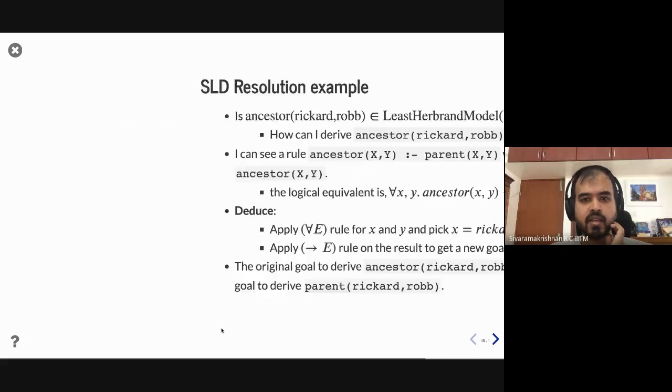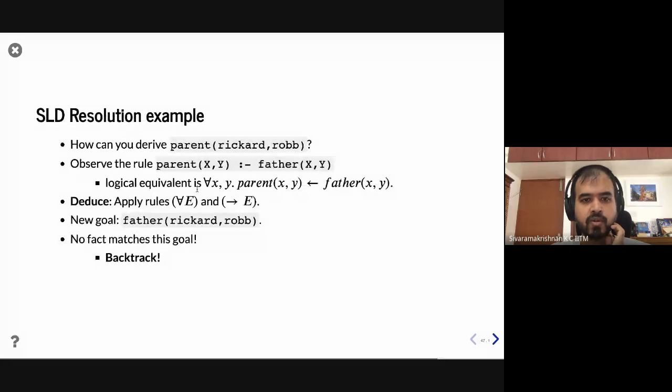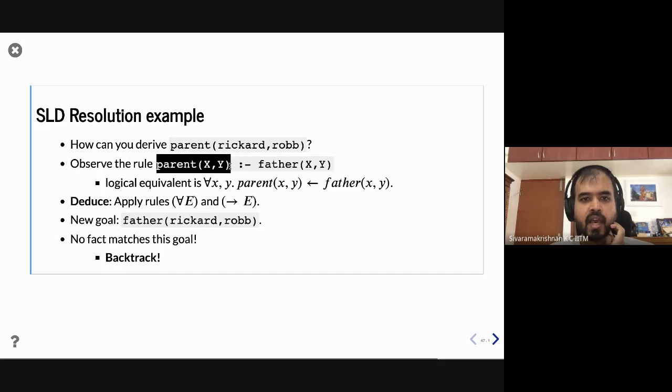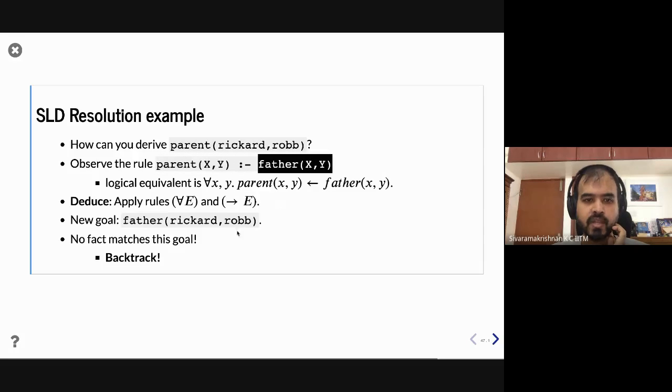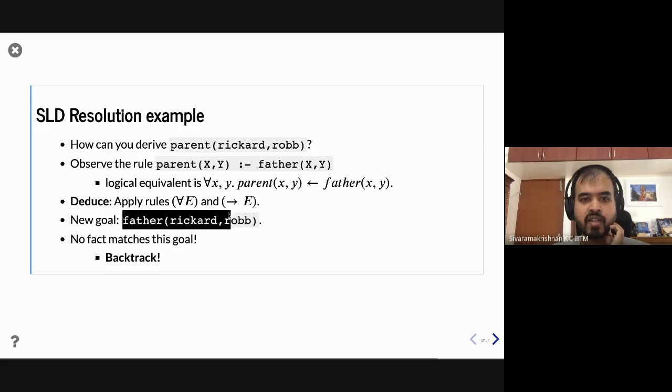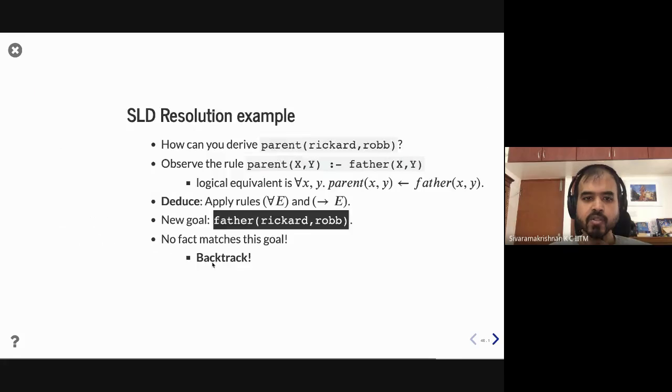So it's going to go down the route, apply the rules. Parent Rickard Rob unifies with this parent xy, and then the goal now becomes father xy, which specialized becomes father Rickard Rob. So the new goal is now father Rickard Rob. So Prolog says, okay, I need to show that Rickard is the father of Rob. Again, it goes through the same procedure.